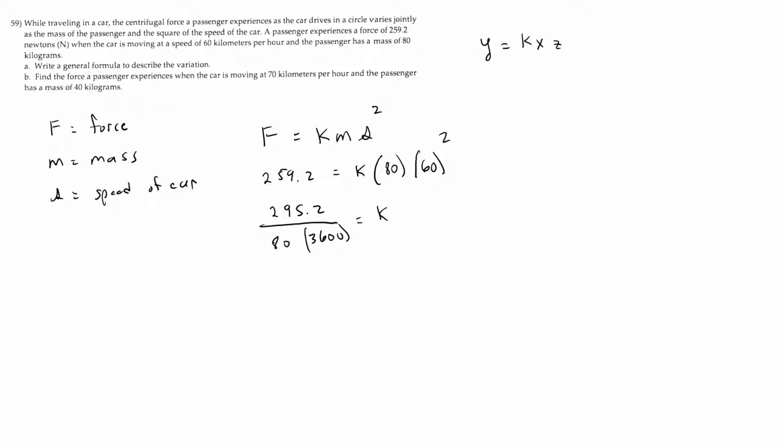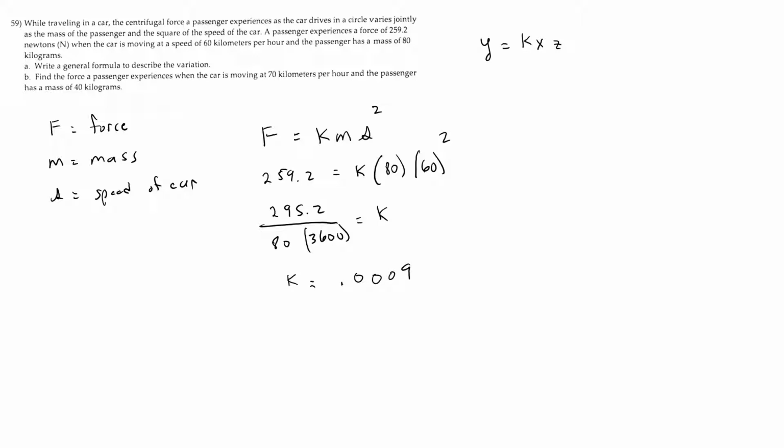And so using my calculator, 259.2 divided by 80 divided by 3,600 is k equals... Looks like my calculator put this in scientific notation. It looks like it's 0.0009.